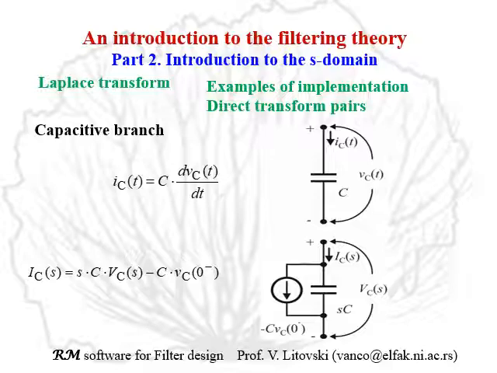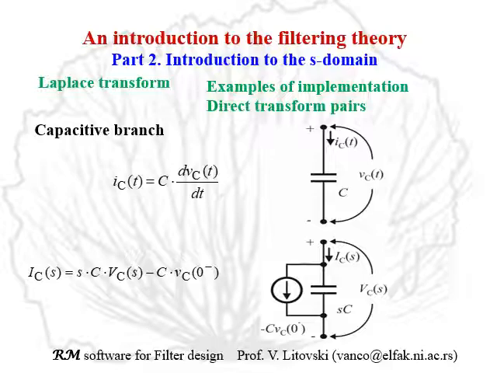After implementation of the Laplace transform, we are getting the equation below, which is represented by a circuit on the right-hand side. One can see that we have the branch with capacitor denoted by SC, which is conductance, and a current source which represents the initial conditions.